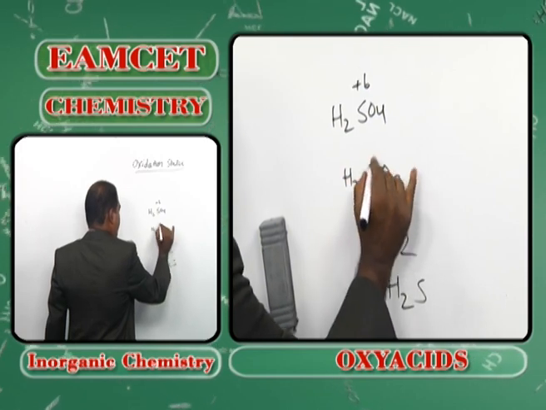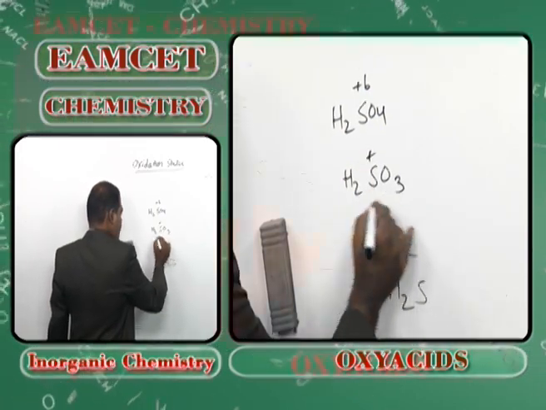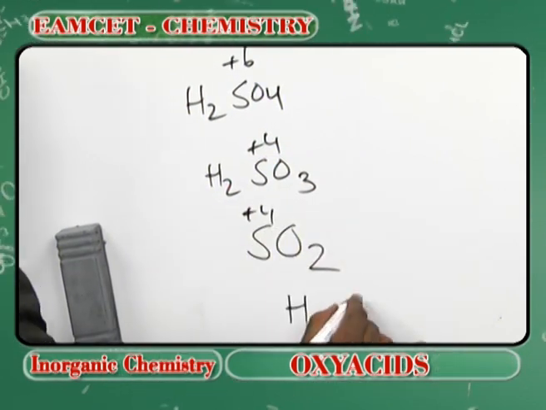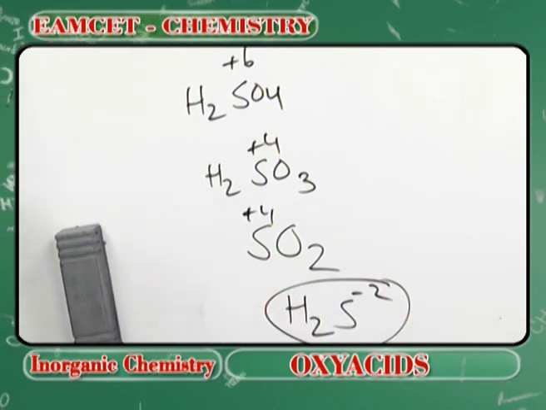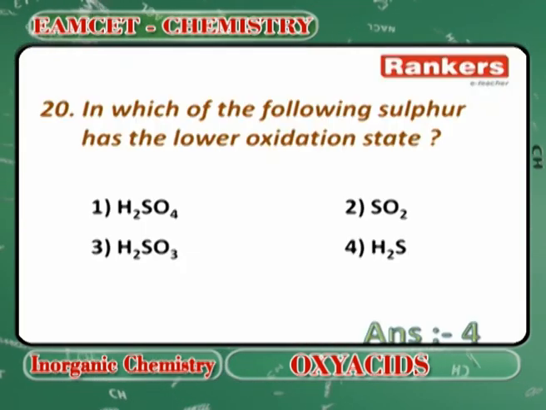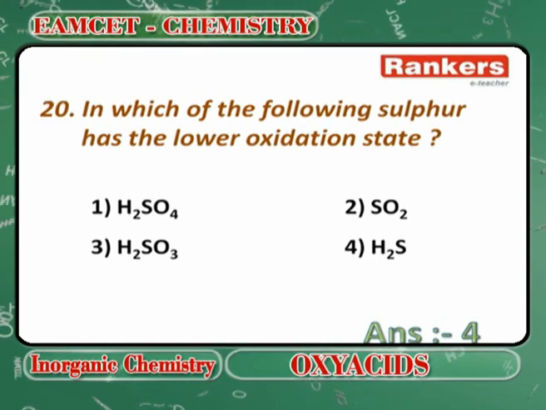H2SO3 will be plus 4. SO2 is plus 4. H2S is minus 2. So least oxidation state means H2S. The correct option is the fourth option, H2S. Which of the following has sulfur with the lowest oxidation number?